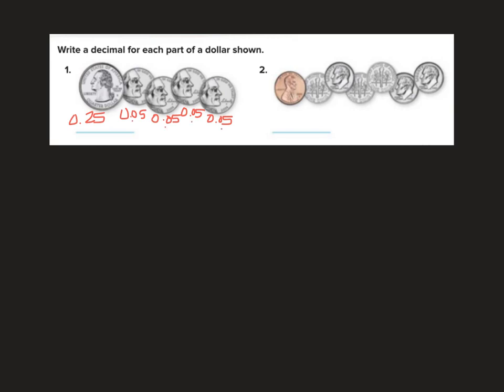I have 45 cents here. So if I was going to write that as a decimal, I don't have any dollars. 4 tenths, 5 hundredths. Okay, I can't remember if it was 45. So this would be said as 45 hundredths.